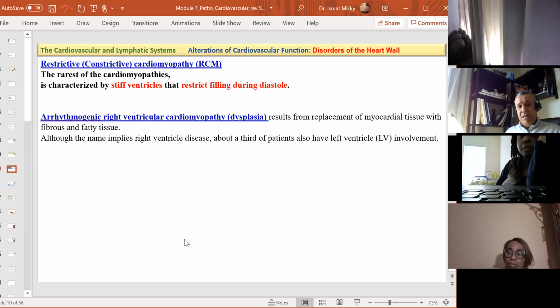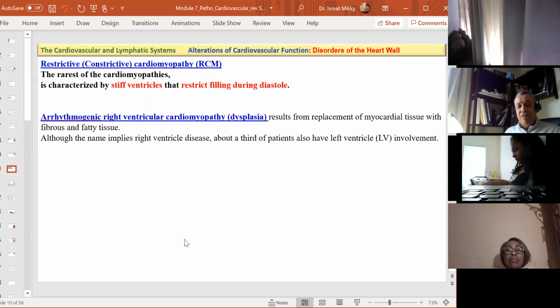The restrictive type can be primary, essential, or secondary, caused by endocardial or myocardial disease. And the prognosis of this disease is very poor.